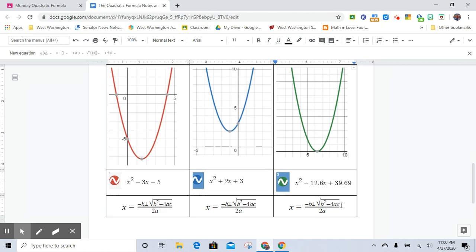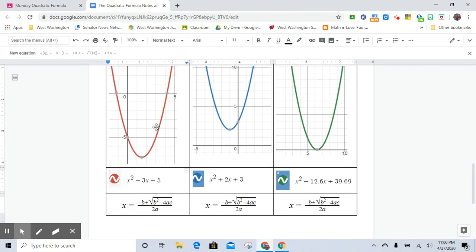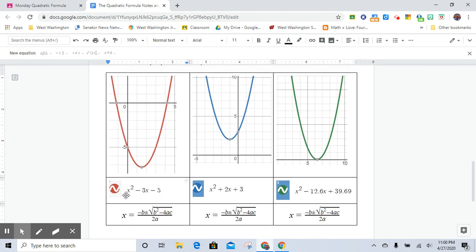So here we go. I have copied the quadratic formula here again, and in Desmos, we don't have to type in equals 0, because if we do, then it makes everything kind of weird. And so this is the equation y equals x squared minus 3x minus 5. And where this equals 0 is where the y value is 0.